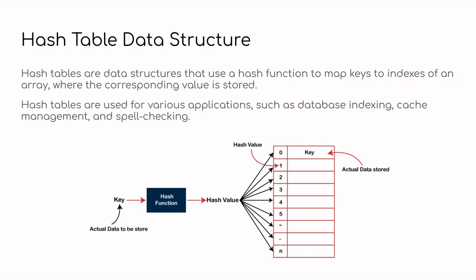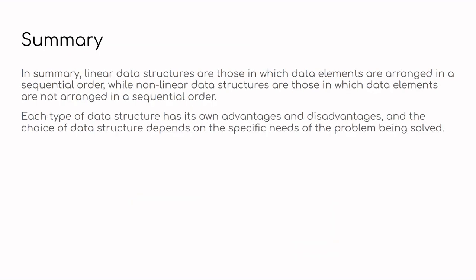So in summary, we can say that linear data structures are the data structures in which data elements are arranged in sequential order, whereas in non-linear data structures, elements are stored in non-sequential order. Linear data structure examples are array, stack, queue, and linked list.